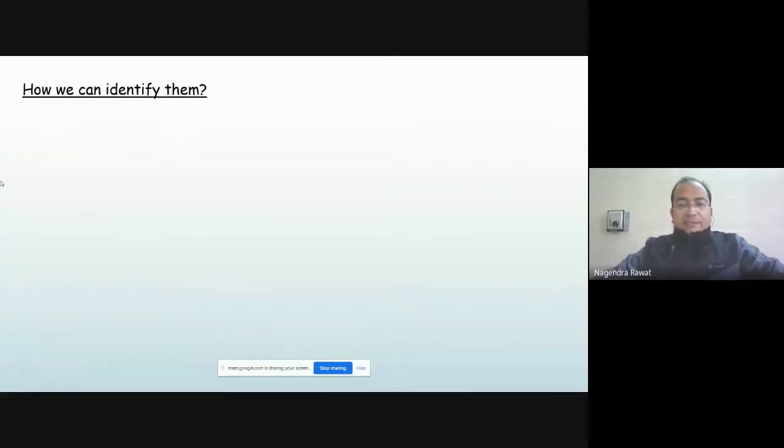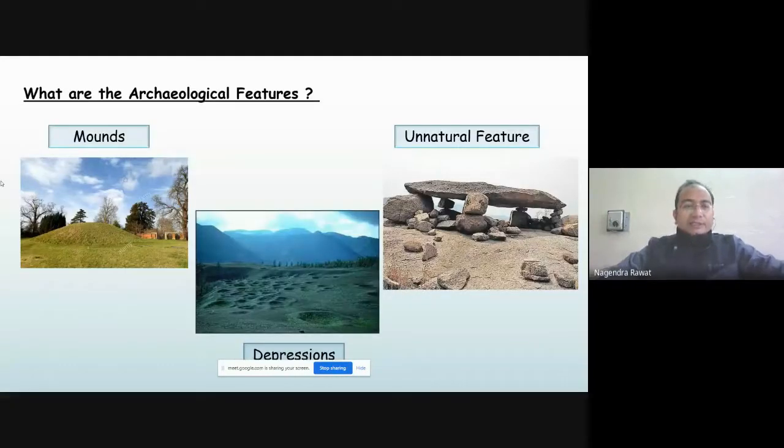Next, what are the archaeological features? It is a very common question of most students and common people, how we can identify an archaeological site. What are the features we can see with our naked eyes? First of all, mounds. Any mound could be an archaeological site.